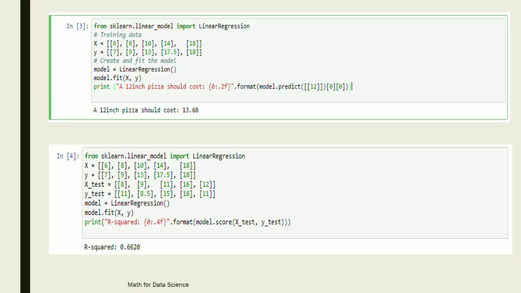Now I want to predict the price where the diameter of the pizza is 12. I have printed it, and the model gives me the price as 13.68. Hence, for a pizza which is still not in the market, we have predicted the price as per the old data that was given to me.